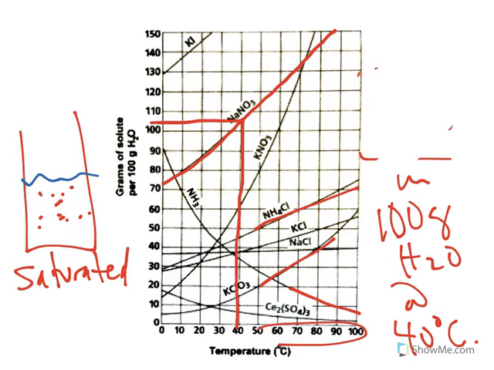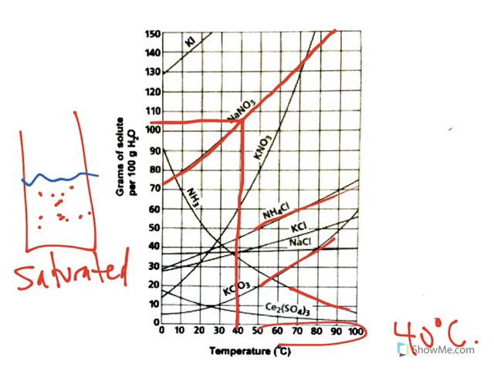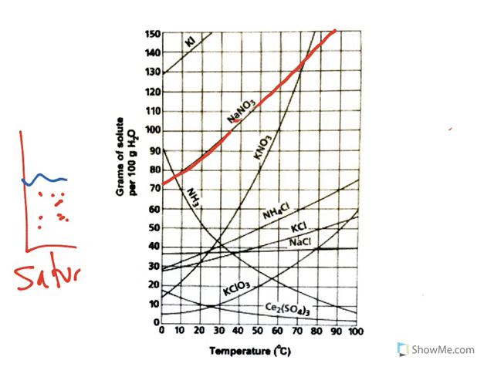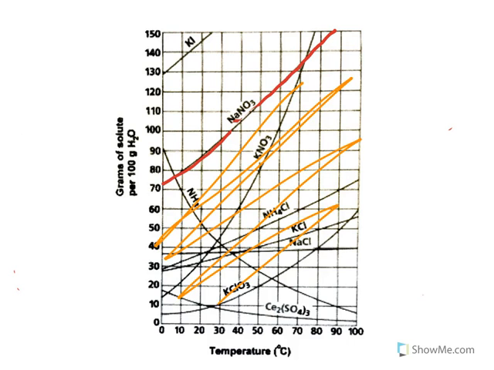Okay, we can talk about undersaturated. If a solution is undersaturated, that means you'd be able to get a little bit more to dissolve in it. So if we go back and we use that sodium nitrate line as an example, anything under that curve, that's where the solution is unsaturated. We can add more solute and get it to dissolve.